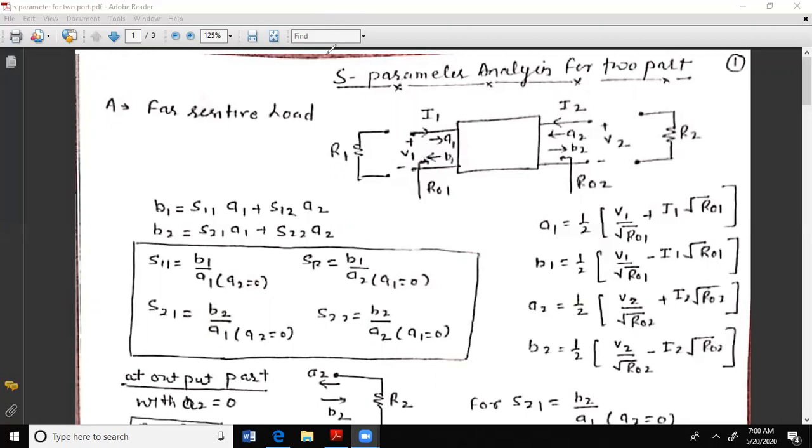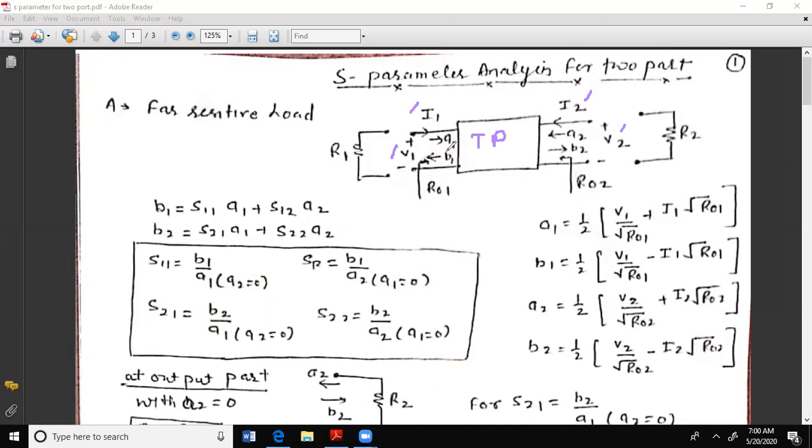Okay, so here we have taken a two-port. This is my two-port network. The input voltage is V1, the input current is I1, the output current is I2, and the voltage is V2. What are A1 and B1?